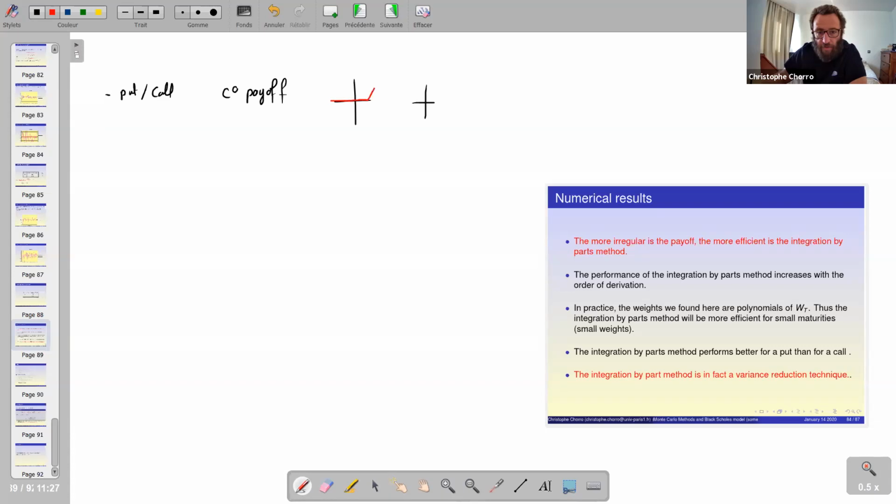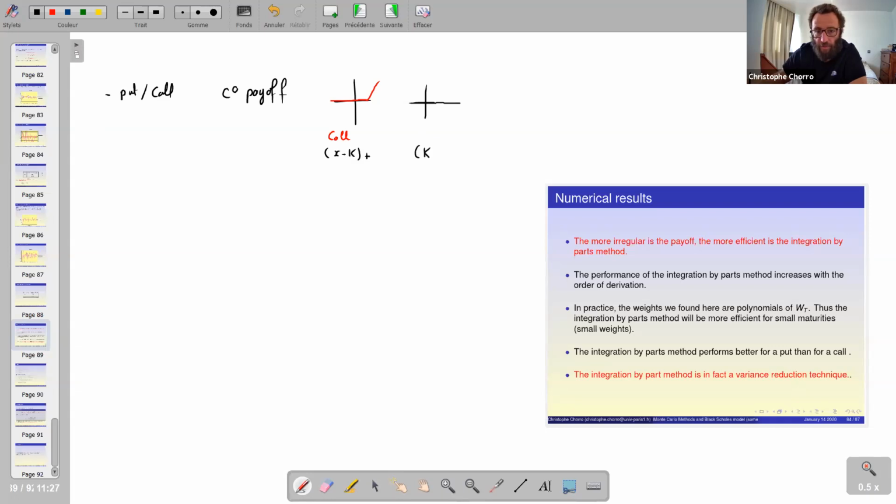Here is the payoff of the call, which is just representing x minus k plus.